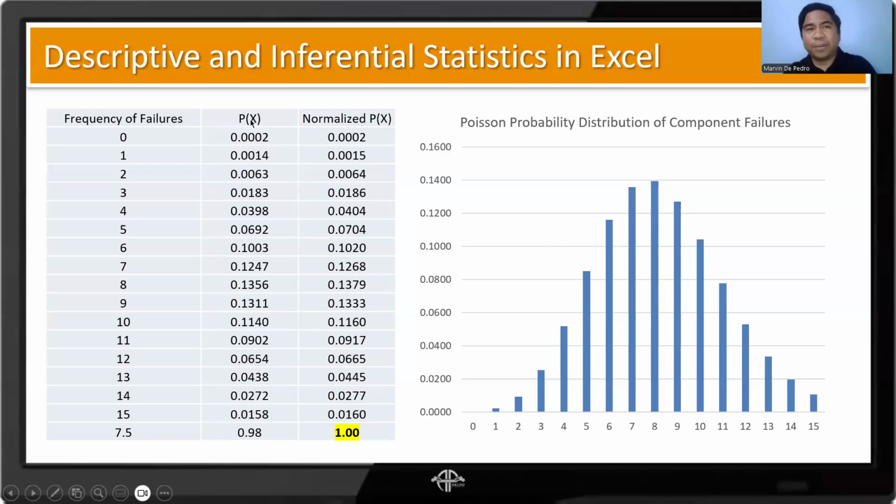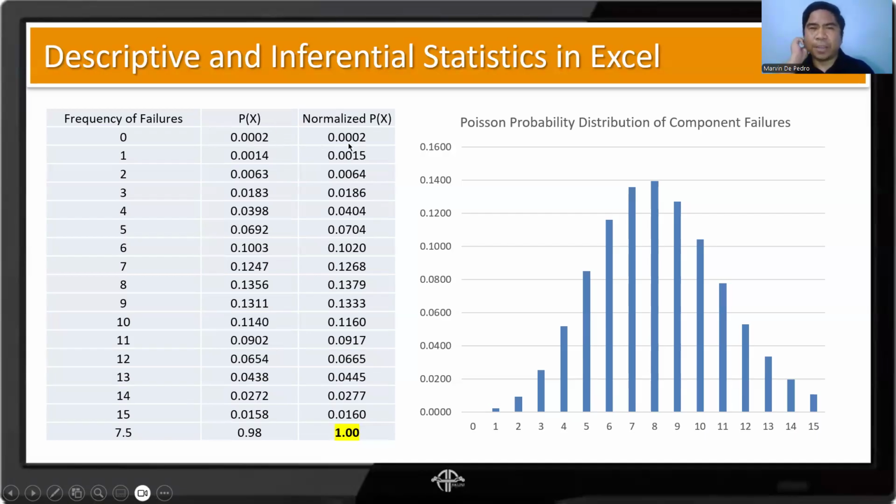So these probabilities, we add them together. In this case, it's just 0.98, probably due to some round offs or approximation in the formula that Excel uses. So in this case, the highest is 98%. So we normalize each of these by dividing them by 0.98.